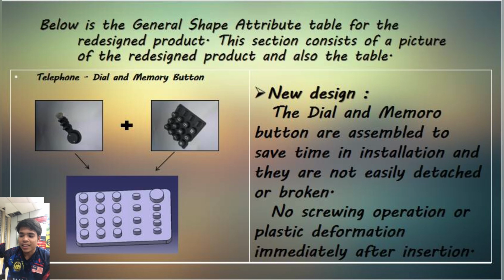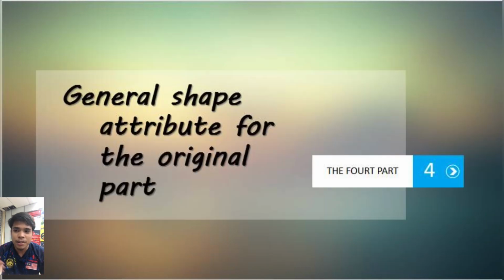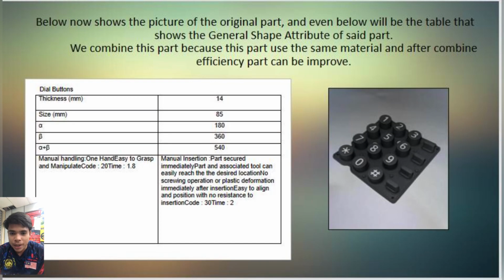base. Next is general shape attribute for the original part. Next below now show the pictures of the original part, and below that is a table that shows the general shape attribute of the part.